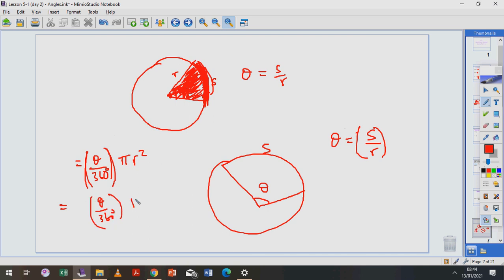If I wanted to write this formula in terms of radians, where this angle is in radians, what would that look like? Maybe the angle will be over 2 pi when we change it.